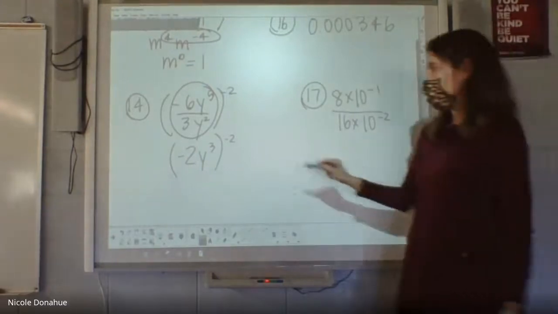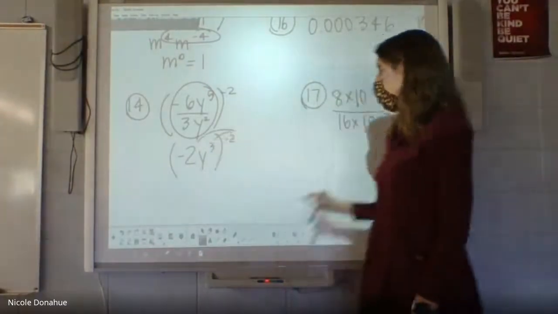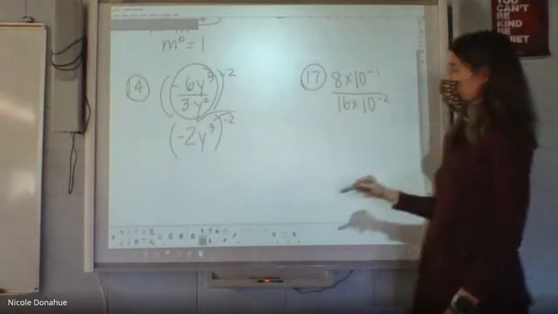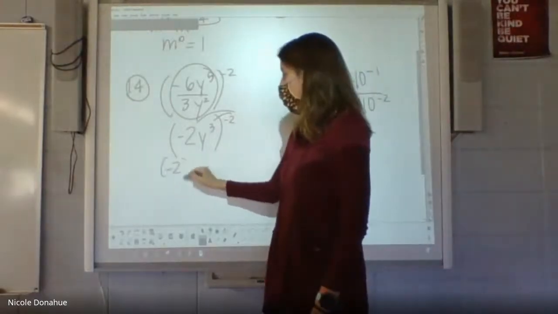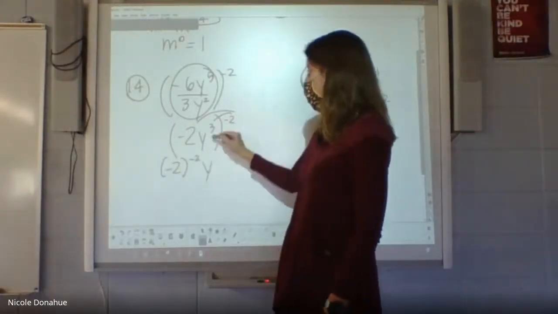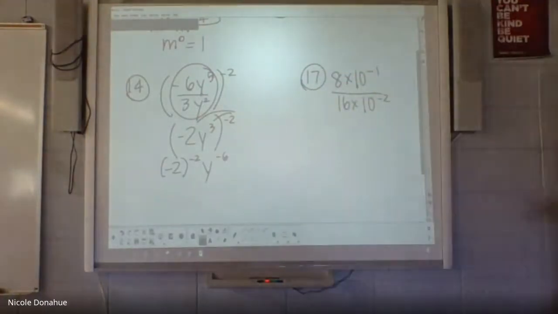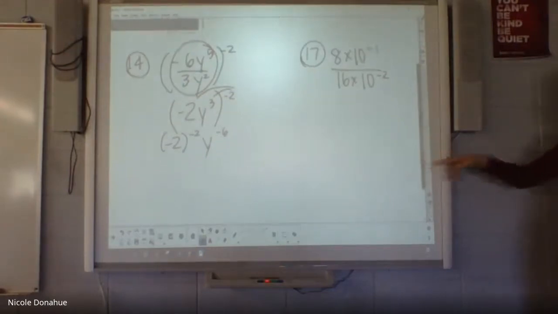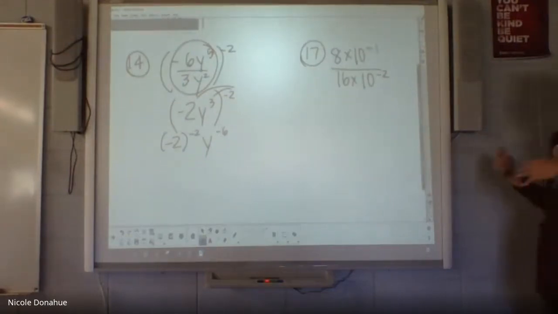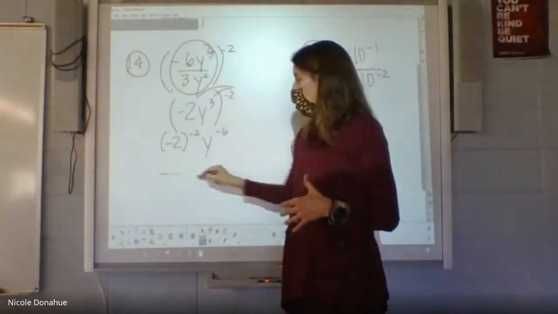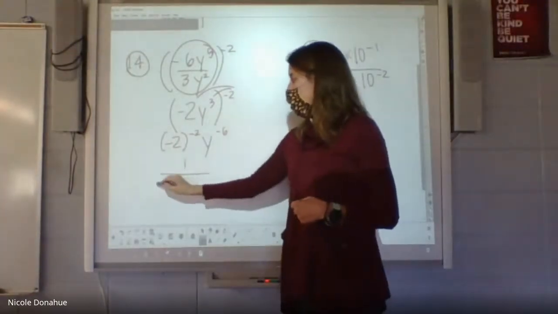So now this is going to get distributed into both of these. So this will become negative 2 to the negative 2. Y, power to a power, you multiply. Now these both have negative exponents. When they have negative exponents, we need to switch their position in the fraction. So these are currently on top, so we're going to move them both to the bottom.